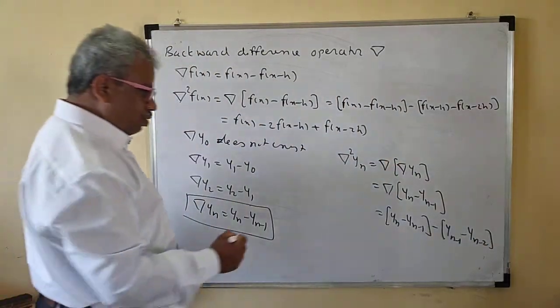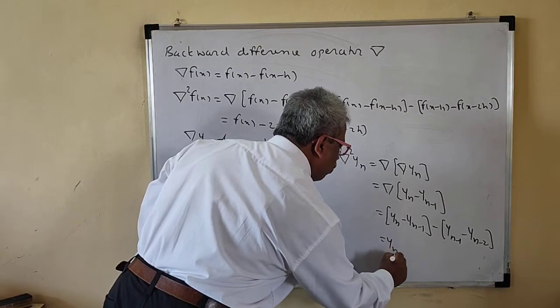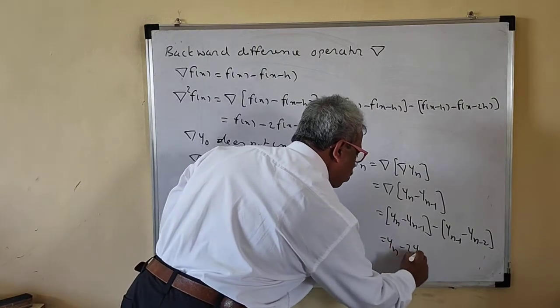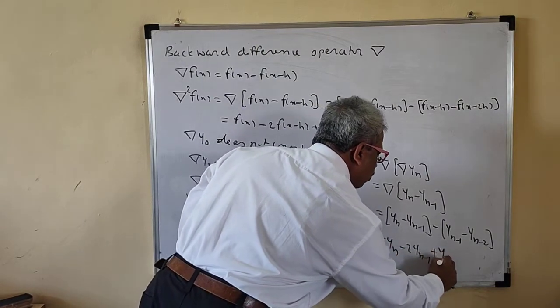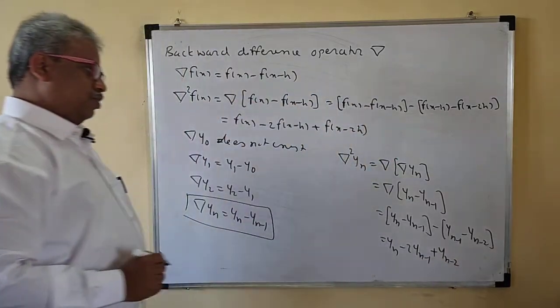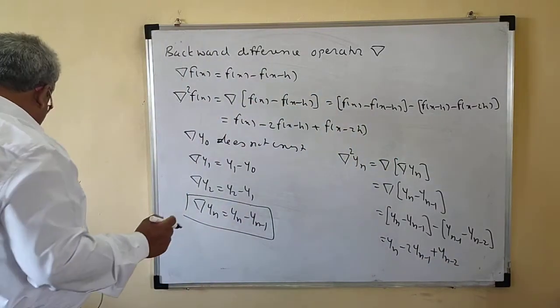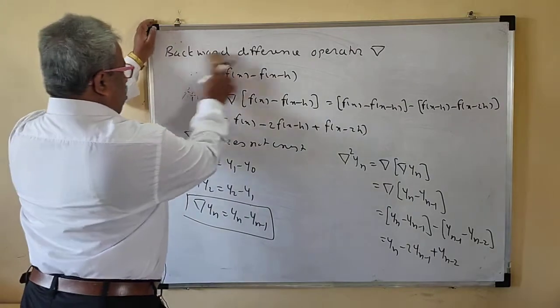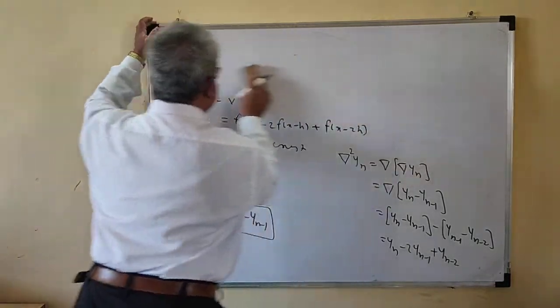Okay. So now simplify this. This is yn minus 2 yn minus 1 plus yn minus 2. Right? So this is the general formula for backward differences.